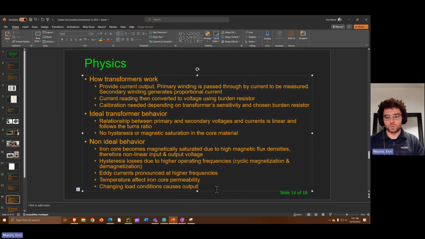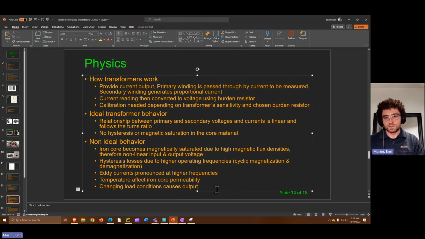Typically, the way you would take a current value and transform it into a voltage reading, you would actually need what's called a burden resistor circuit in order to essentially see a voltage drop, so that your ADC, your analog to digital converter, which again is built into the Arduino I'm using, can actually detect that voltage change.